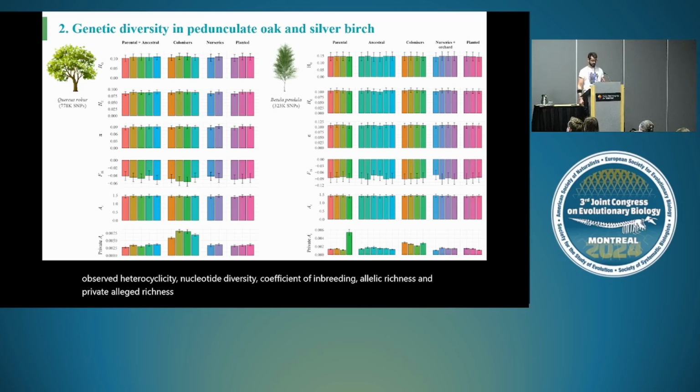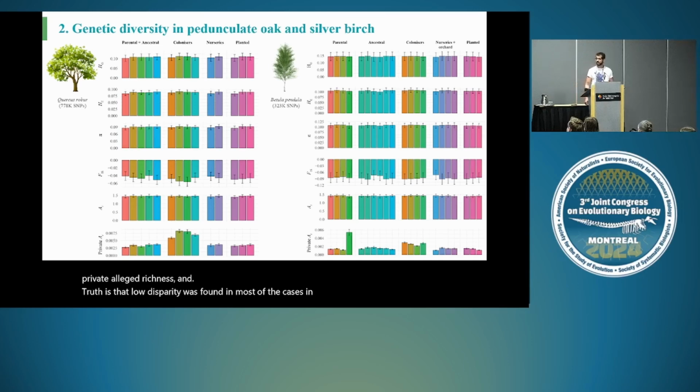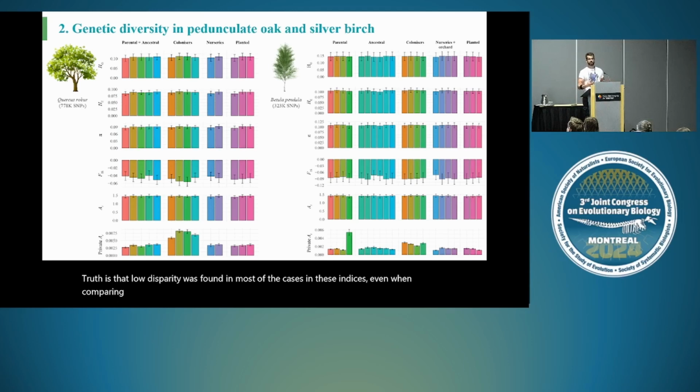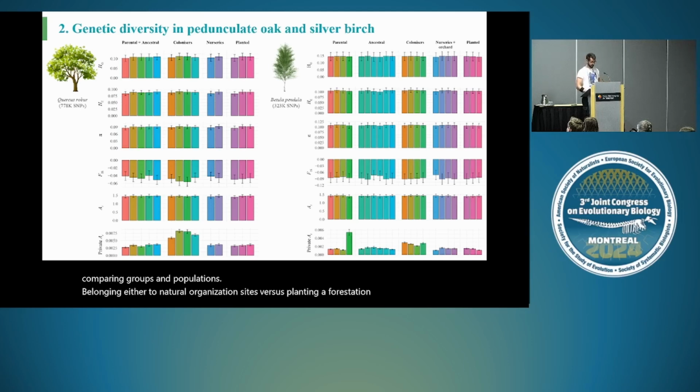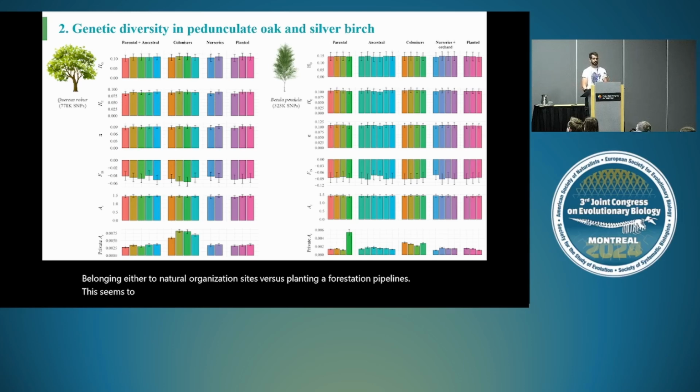And the truth is that low disparity was found in most of the cases in these indices, even when comparing groups and populations belonging either to natural colonization sites versus planting afforestation pipelines. This seems to indicate the absence of strong genetic bottlenecks in planting populations, and also rules out the hypothetical higher levels of diversity in nursery and planted populations, potentially deriving from multi-origin seed batches and better growing conditions.